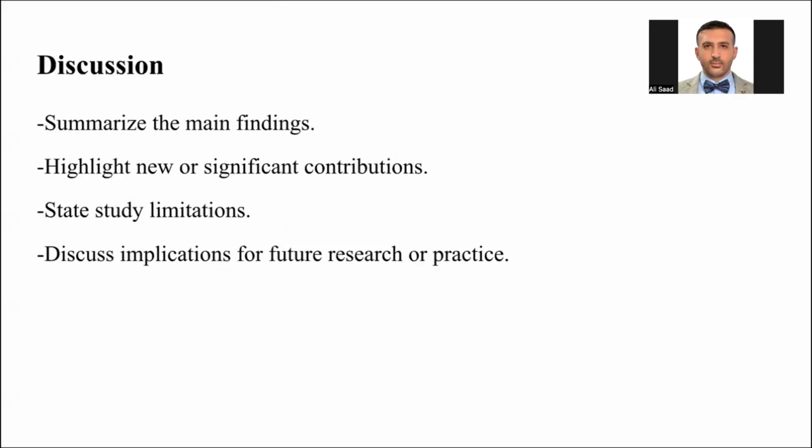The discussion shows your scientific maturity. In general, I follow five parts. I recap my results, then compare my results with other similar studies published in the literature. I also show my implications for future research.